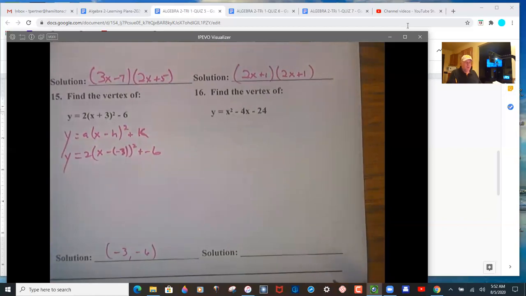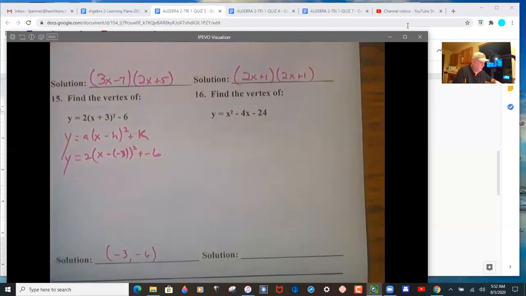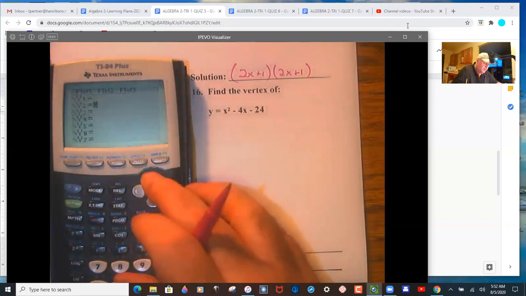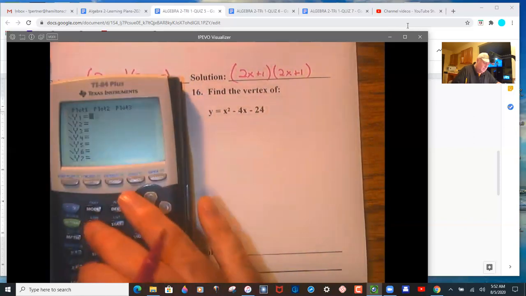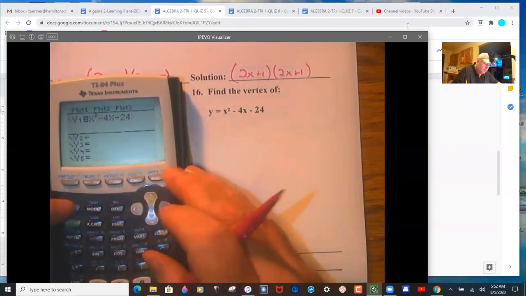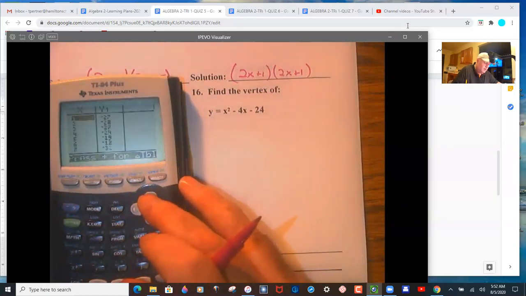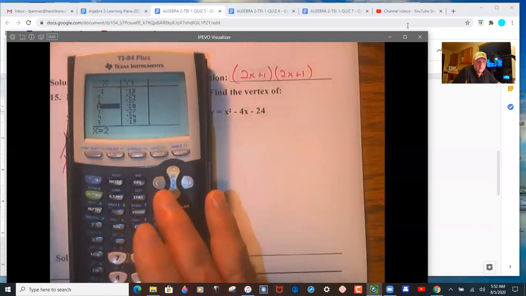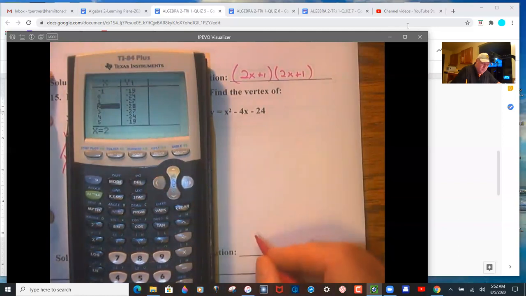This one you can use your table on, or you can do the negative b over 2a. I'm going to use the table to highlight the idea of the pattern on the table. Let's see if we can find it here. If you can't find, oh, there it is. 2, negative 28.